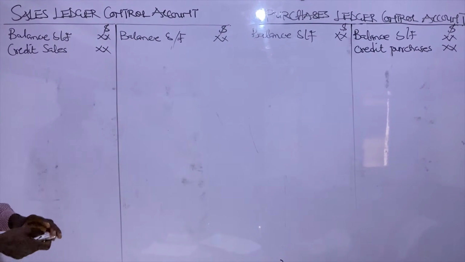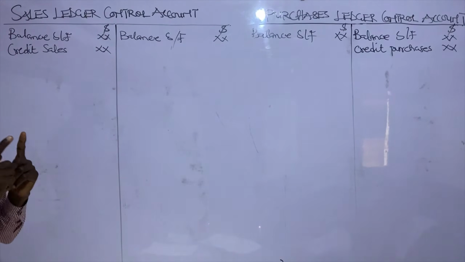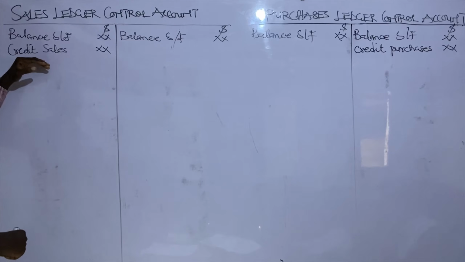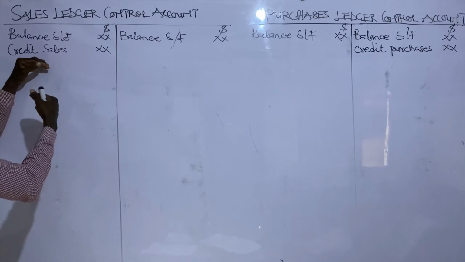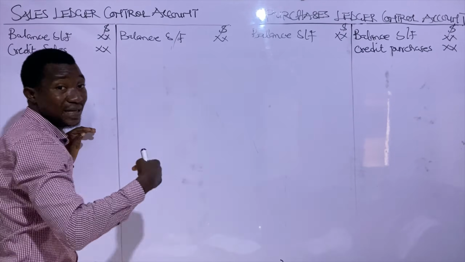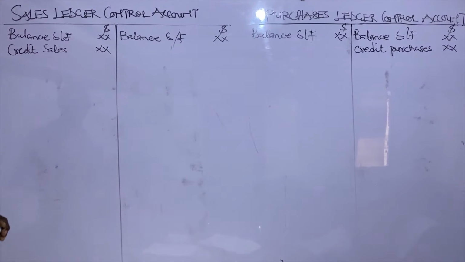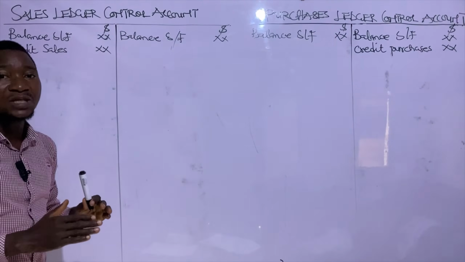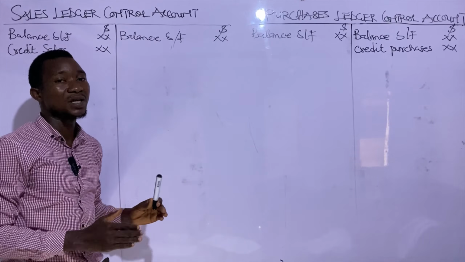Good. One trend I want you to also note is that any item that is recorded at the debit side, the opposite of that item is recorded at the opposite side of the other account. But let's see how it works. The next item I would like to talk about here is returns. For returns, we have return inwards and return outwards.